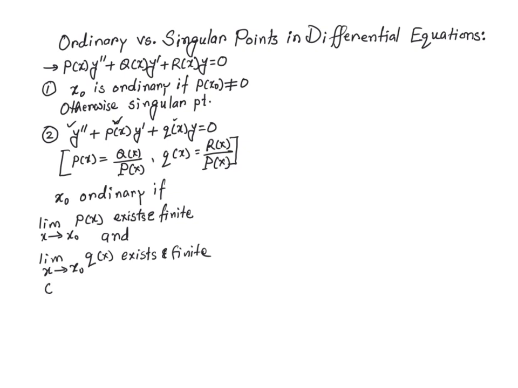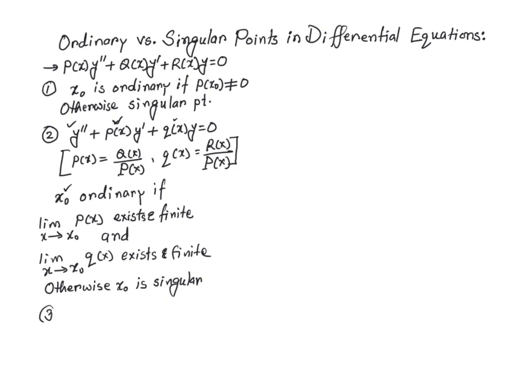So remember here, both limits have to exist and be finite in the complex plane, okay? So the limit as x approaches x naught of p of x exists and is finite, and the limit as x approaches x naught of q of x exists and is finite. Then we are going to call this point x naught an ordinary point. Otherwise, we'll call it singular.